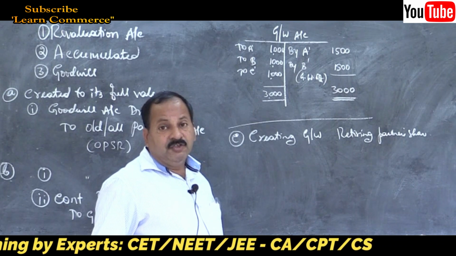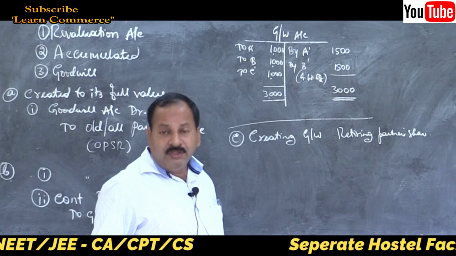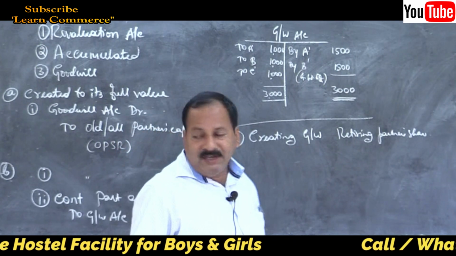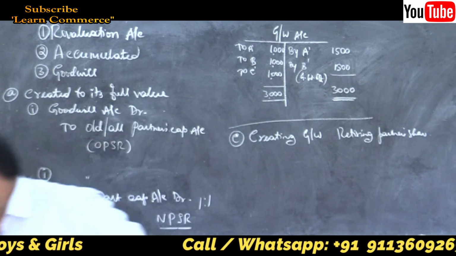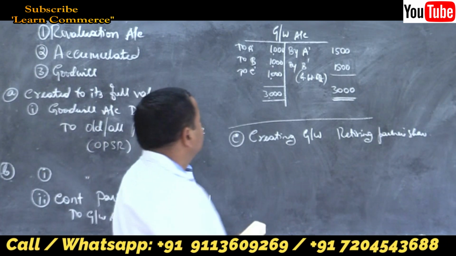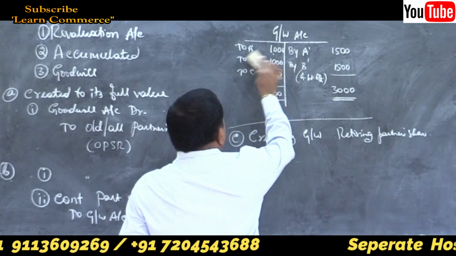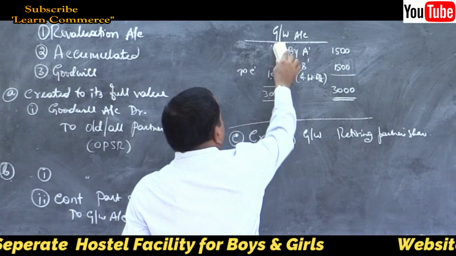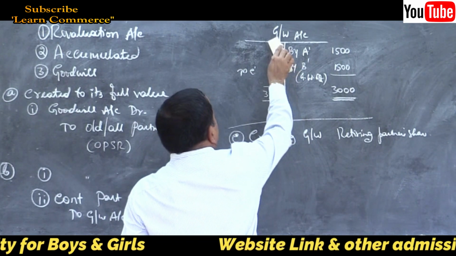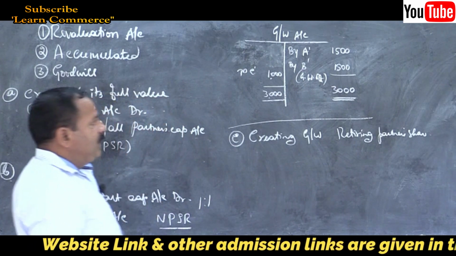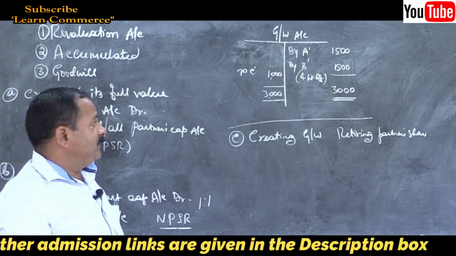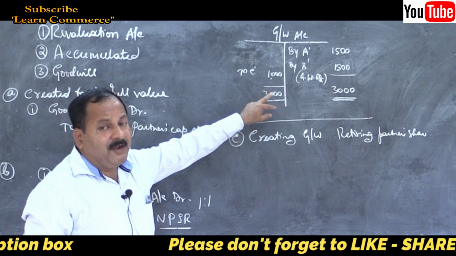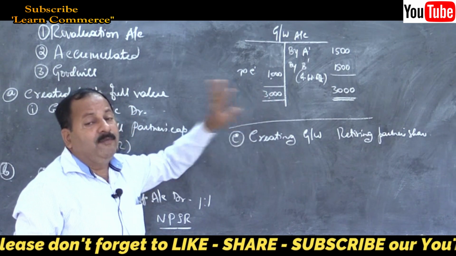That means goodwill account debtor to retiring partner's capital account. So we will give the entry only for C here: goodwill account debtor to C's capital account, that is, the retiring partner's share of goodwill only we will create.